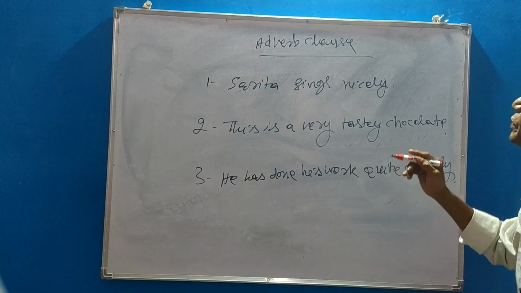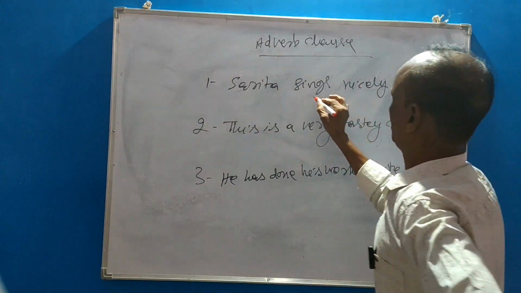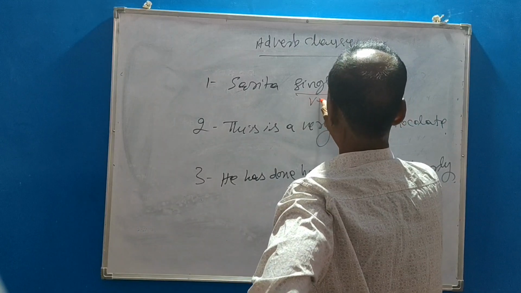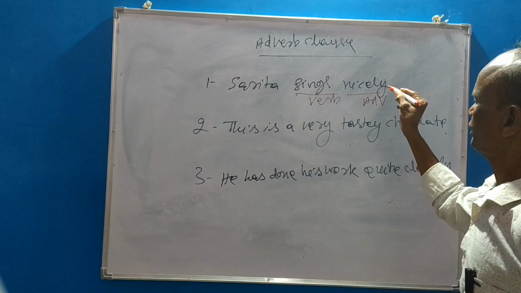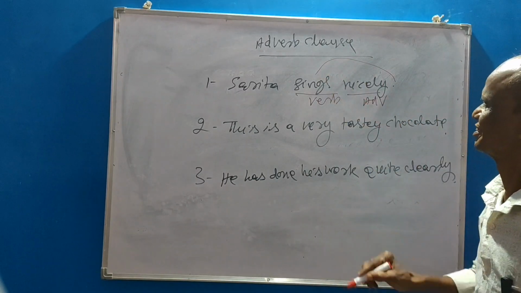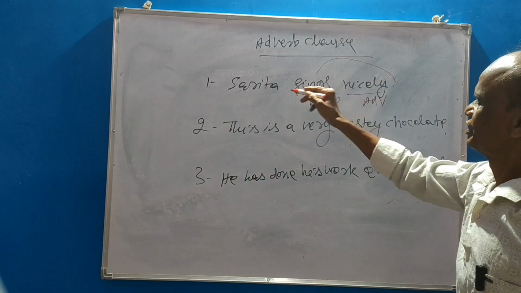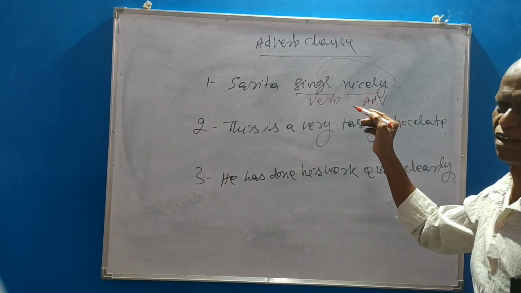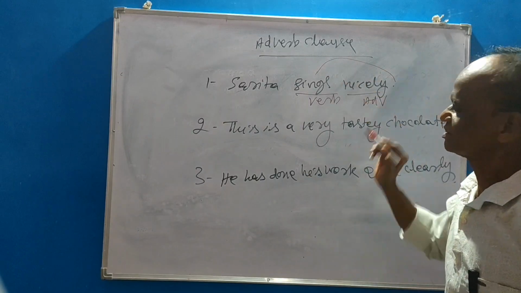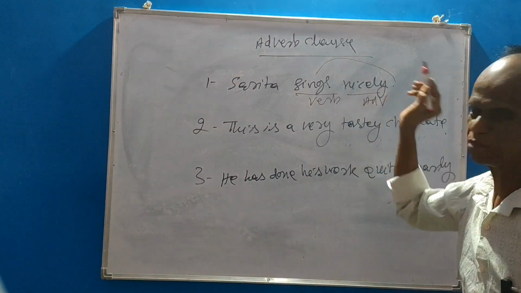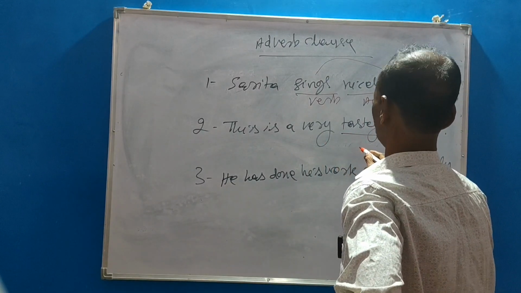See, an adverb modifies a verb or an adverb. So it sings nicely. The adverb nicely modifies sings. That is, it modifies a verb. Say very tasty.